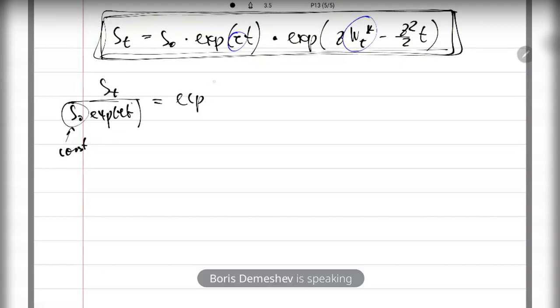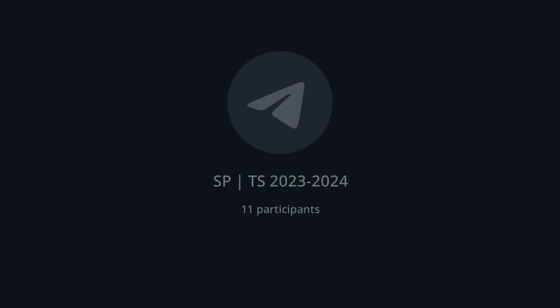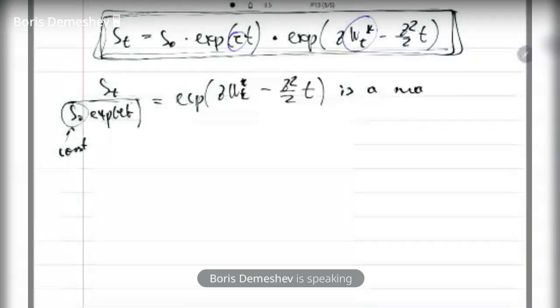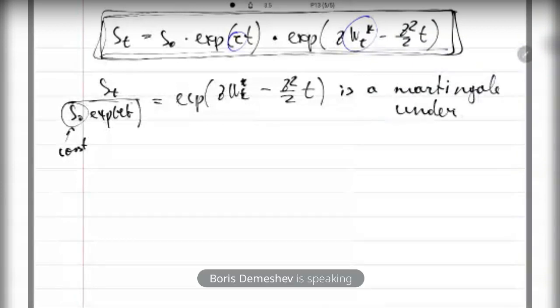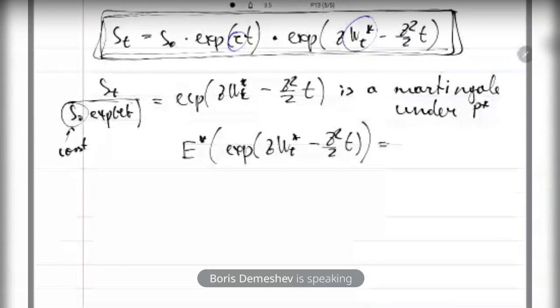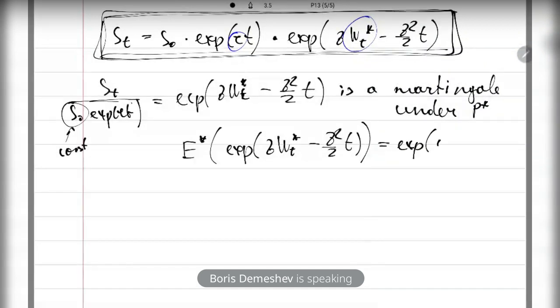So exponent of sigma WT star minus sigma squared over 2 times T is a martingale under P star. Hence, the expected value star of exponent of sigma WT star minus sigma squared over 2 times T is equal to, I plug in 0 instead of T, exponent 0 minus 0, which is 1.